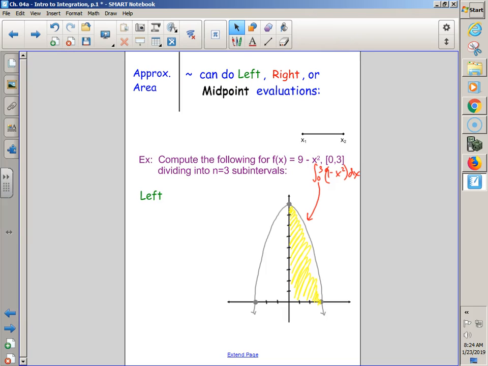So how do we come from the left? First of all, I need to realize that I'm splitting this into 3 subintervals. If I cut 0 to 3 into thirds, my delta x is going to be so easy, because if I'm cutting a distance of 3 into thirds, I'm just moving by 1.